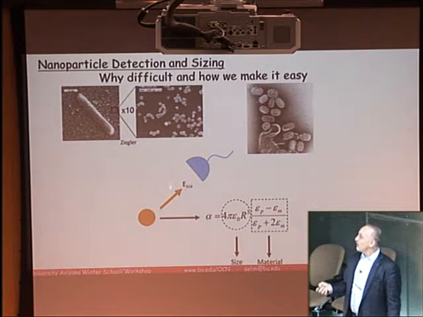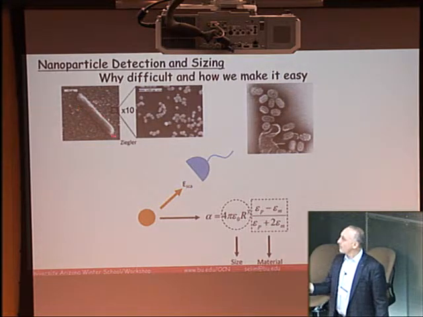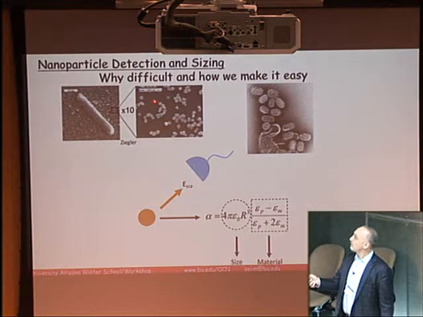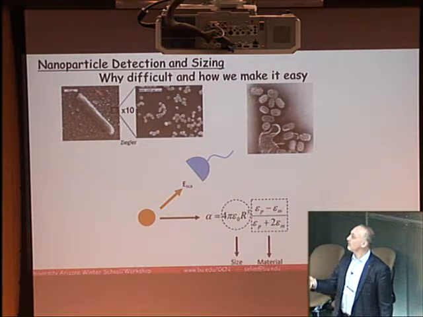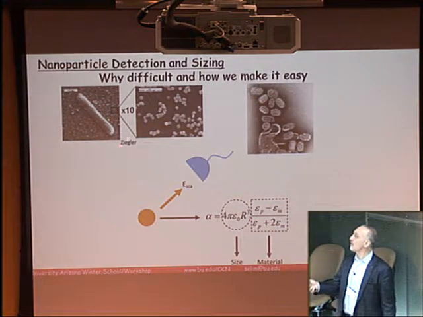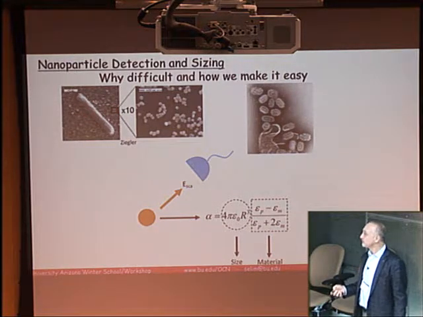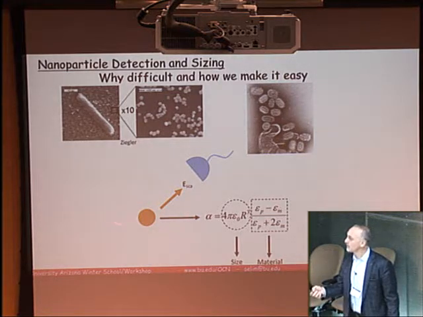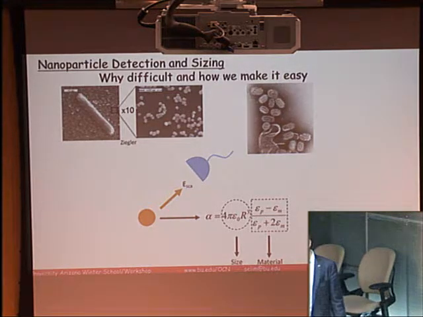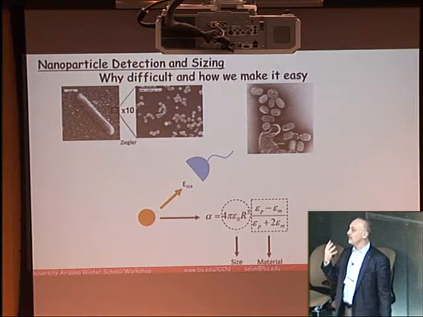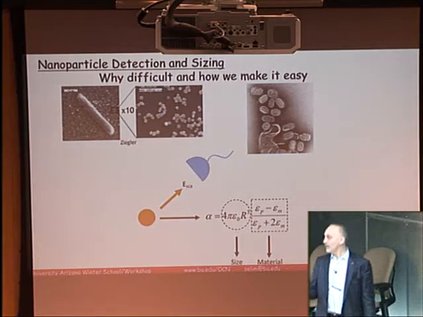So what happens when you have small particles? This is a bacterium. I can see this under an optical microscope. These are 80 nanometer gold dots. This is for a surface-enhanced Raman scattering experiment, you can see the size of those with respect to the size of the bacterium. The problem is the contrast in regular conventional microscopy is intensity contrast, and it's based on scattering when you have small objects.